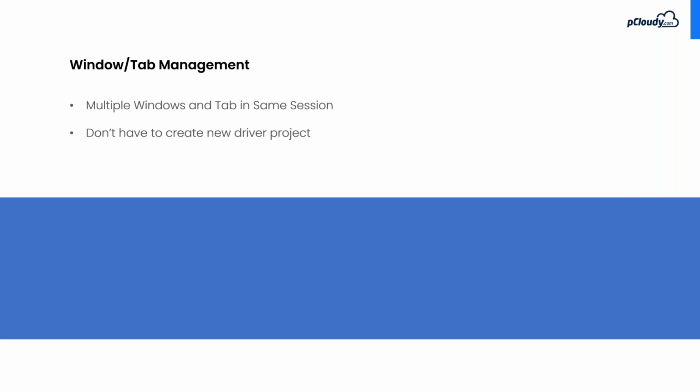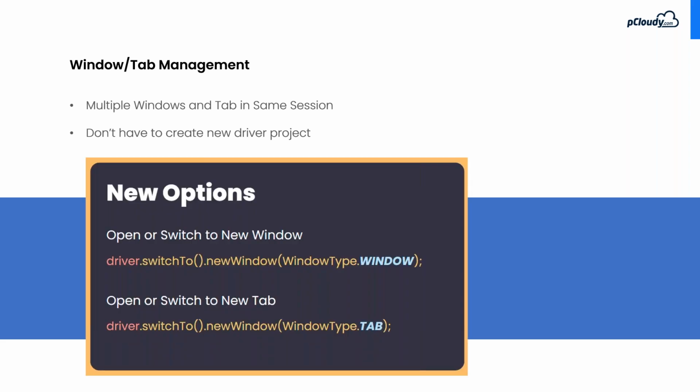So there are two functions if you have to open up a new tab or a window. These are the new options we have. For opening or switching to a new window, there is driver dot switch to new window, with window type as window. And in case you want to switch or open a new tab, that is driver dot switch to new window with window type as tab.